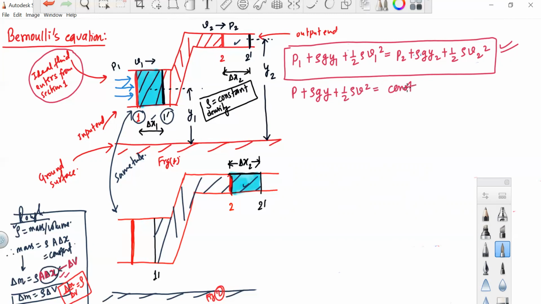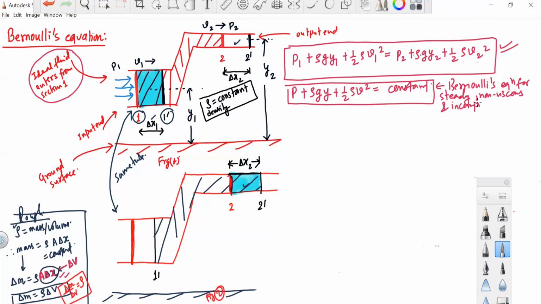So this is constant. This is Bernoulli's equation for steady, non-viscous and incompressible fluid.